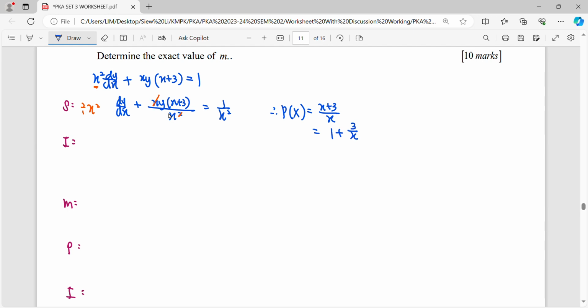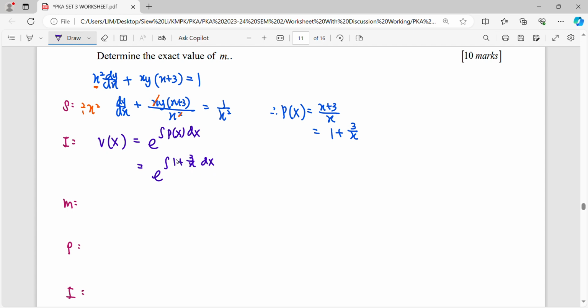So what do we do with this P(x)? It will help us find the integrating factor I(x), where the formula is e to the power of integral of P(x) dx. So we substitute P(x) as 1 plus 3 over x, and we do the integration in the power.